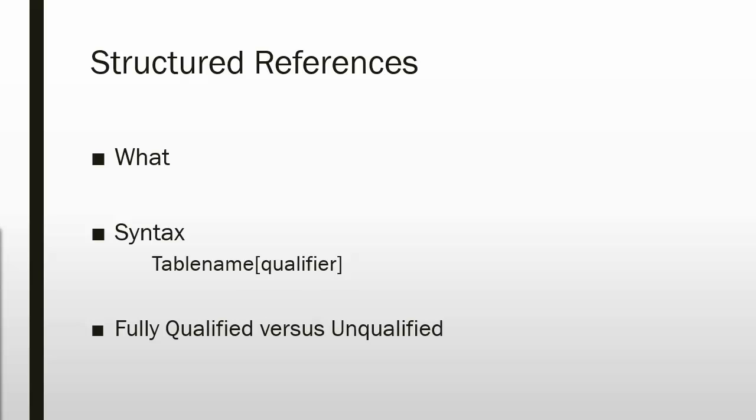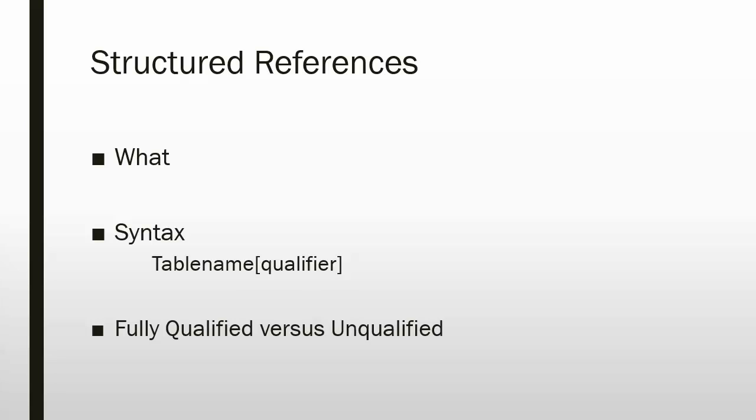We have fully qualified versus unqualified cell references. In a fully qualified structured reference, the table name will always precede the column qualifier in square brackets. In an unqualified structured reference, you leave the table name off and you simply have the column qualifier within square brackets.